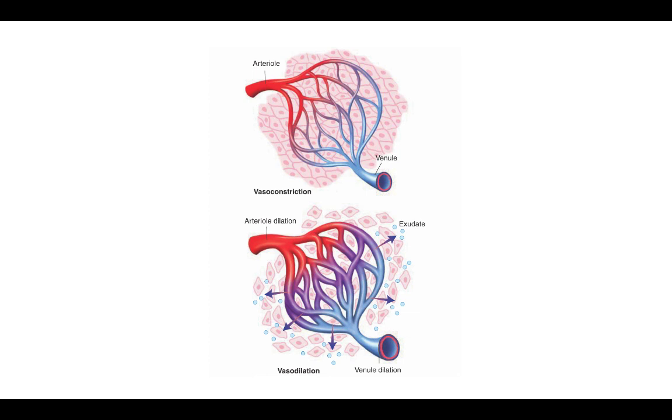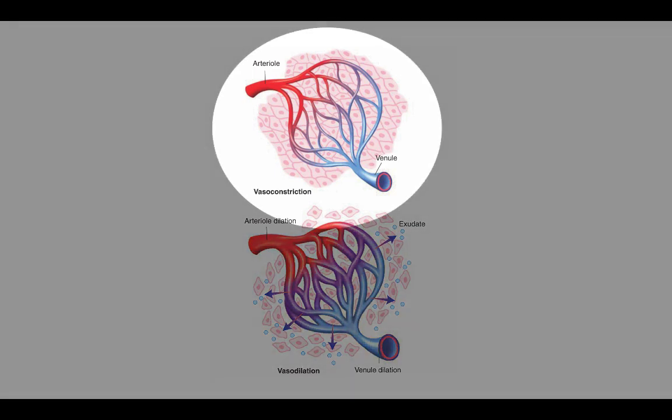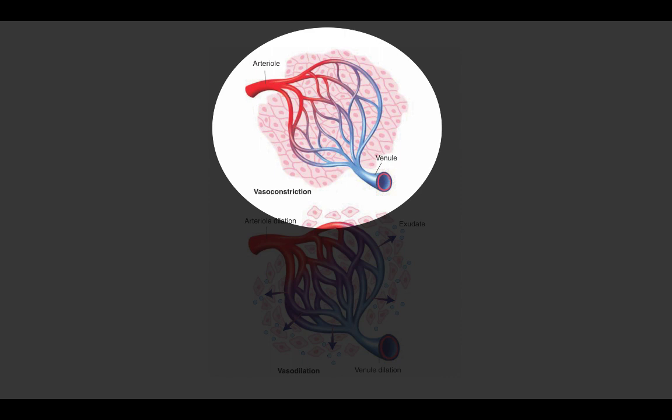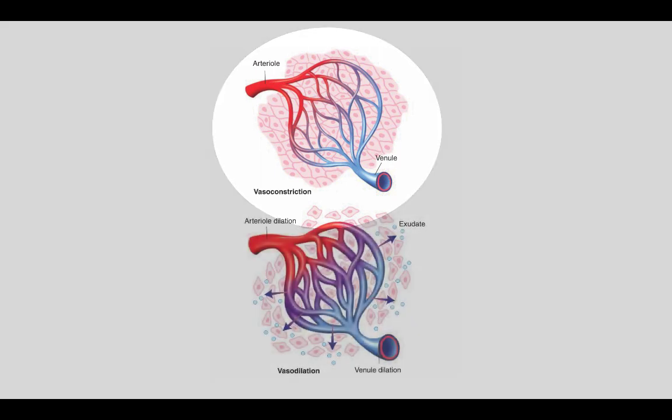These changes in blood vessel size are carried out by the smooth muscle cells that surround the blood vessel. The purpose of the initial vasoconstriction is to control the spread of infection and keep it localized before the next rapid step, which is increased blood flow to the site of injury due to vasodilation.